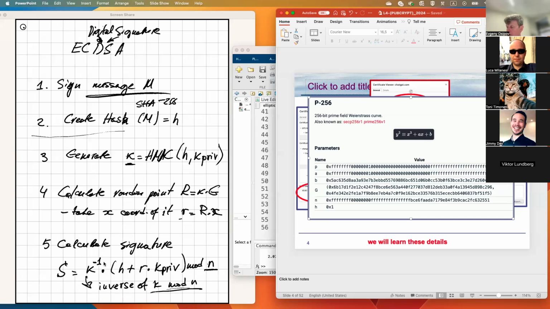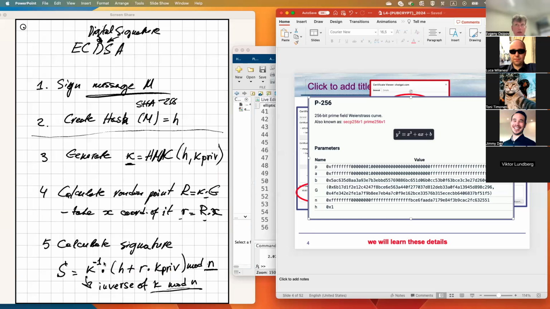You create a hash of the message. All the others are simple multiplication of integers. These transformations include not only multiplications, but are still very simple. Finally, computing the signature also involves very simple operations.